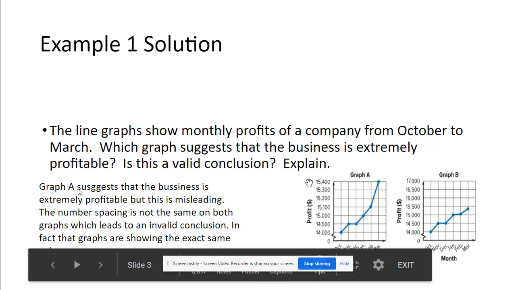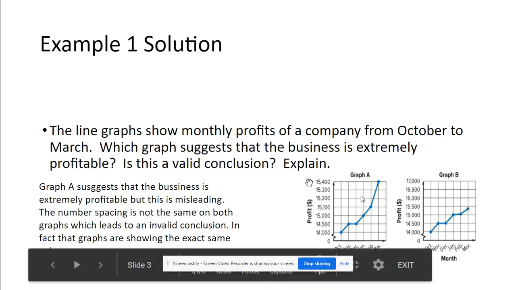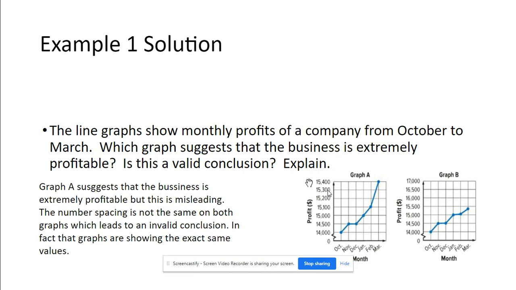Graph A, that's a misprint there, suggests that the business is extremely profitable, but this is misleading simply because the graphs are showing the exact same numerical values, just different spacing, so it looks like graph A is a lot better. Sometimes it's helpful to space out numbers differently. You're going to have a question dealing with temperature on your homework where you will see more spacing for one of them than for the other.